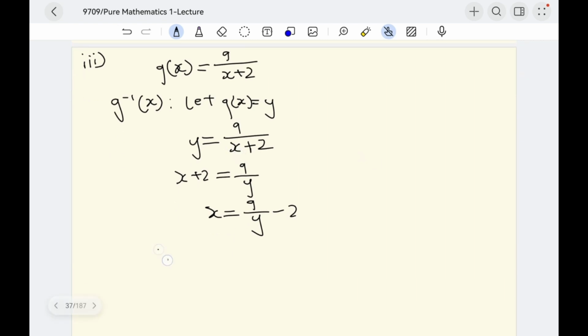And don't forget to rewrite it again, because many students made this careless mistake: they forgot to convert this into the inverse form. So here is your final answer, provided that x is not equal to 0, to define this function.